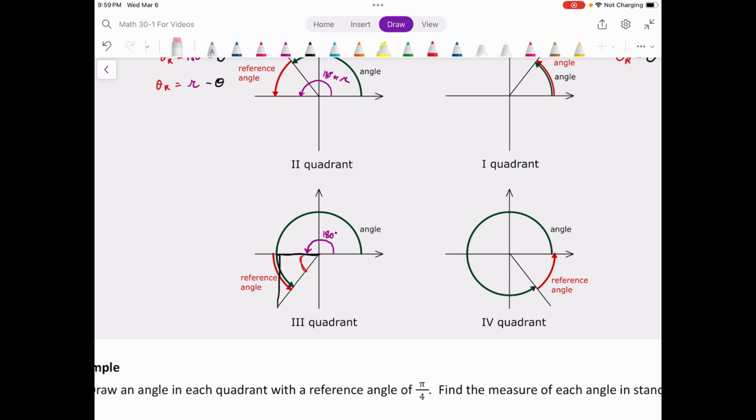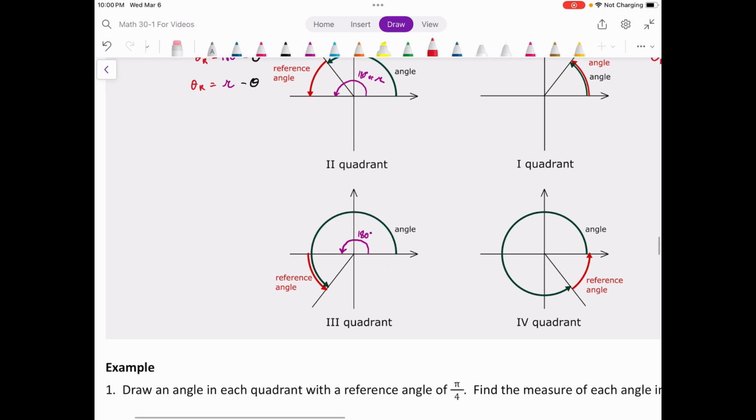Okay, so how do I figure out what that reference angle is? Well, kind of reversed here now. If I took the angle itself and I subtracted off this part here, well, that's just 180. So take the angle and subtract 180. The reference angle here will be the angle minus 180 degrees, right?